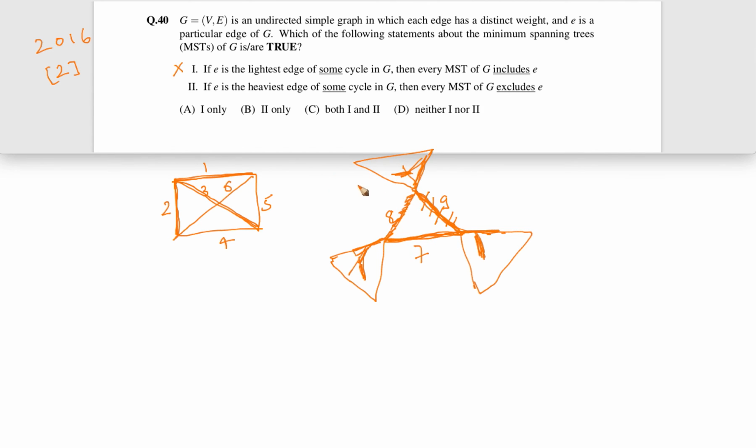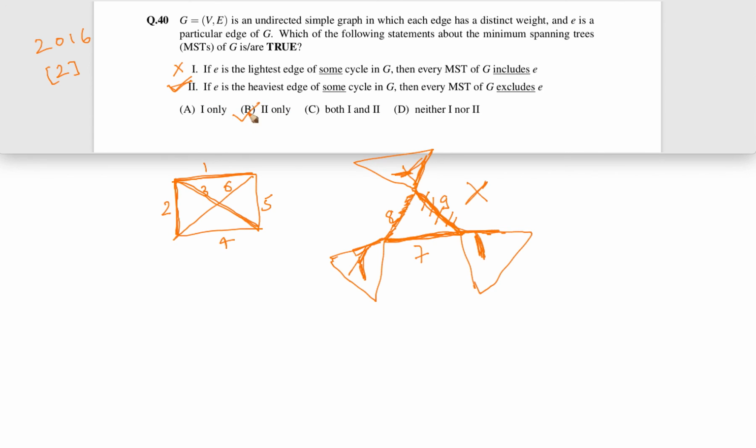So our earlier assumption that the earlier tree was an MST is now violated, since we have come up with a new spanning tree whose weight is less than that of the earlier one. So it gives us a contradiction, and it shows that our earlier assumption was false. So this must happen, and that's why the second statement is true, and the answer is 2 only, B.